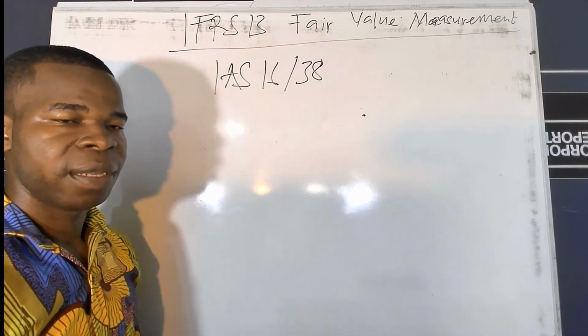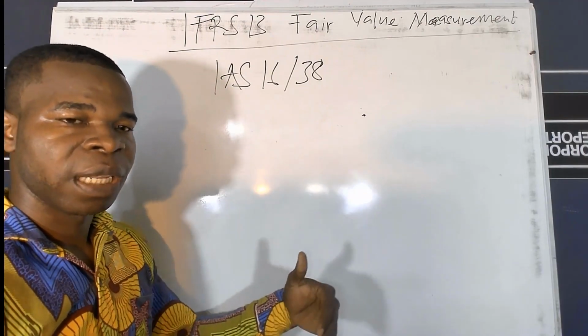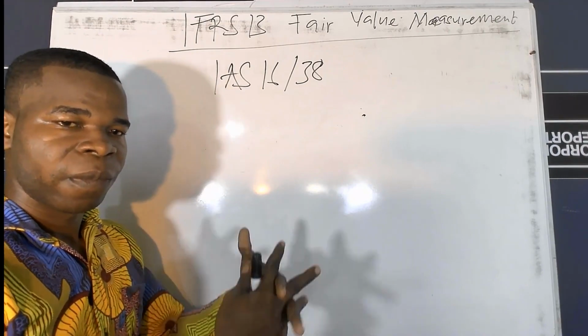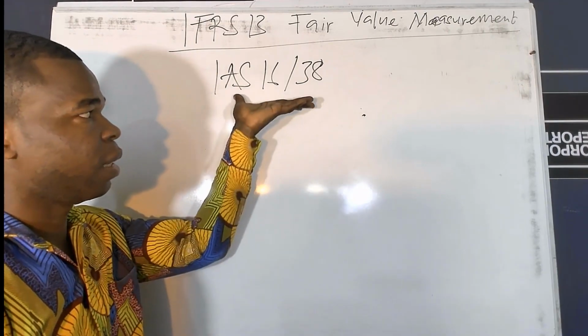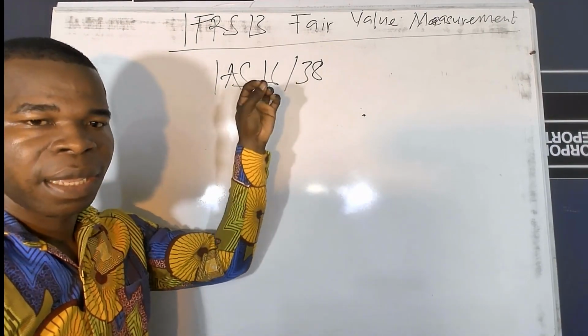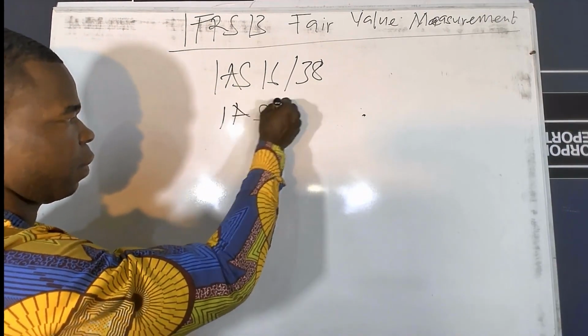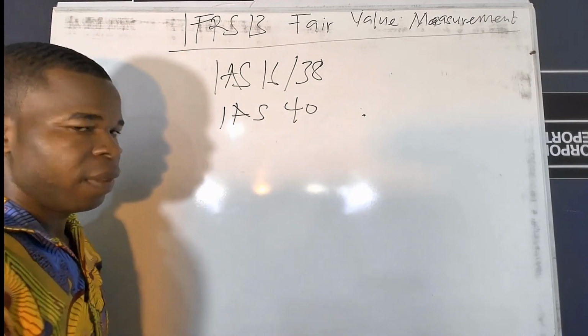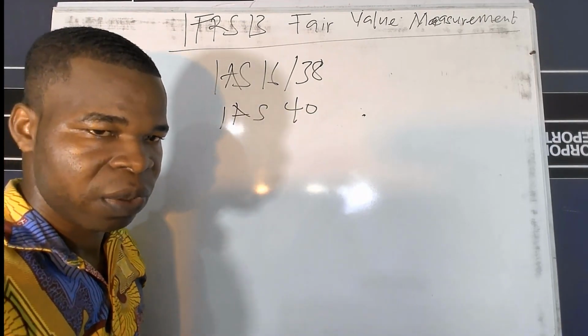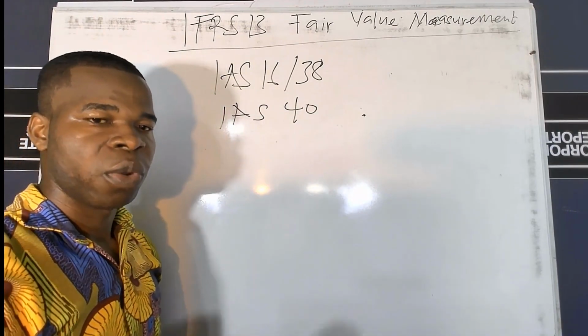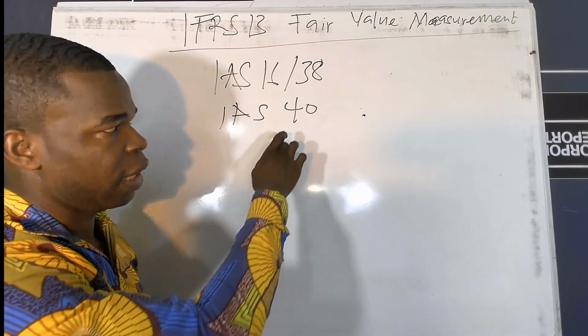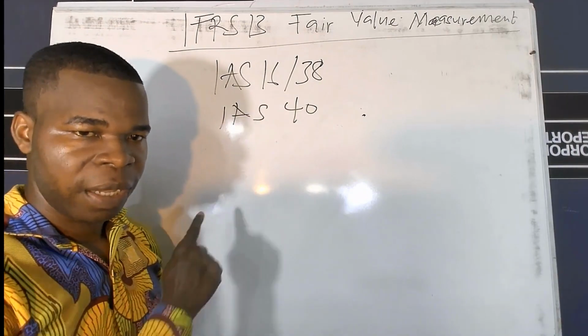In that case, there is a need for fair valuing the revalued amount. Again, when we take IAS 40, that is investment property, the subsequent measurement requires that we use the cost model or the fair value model. So here again, you will see a use of fair value.